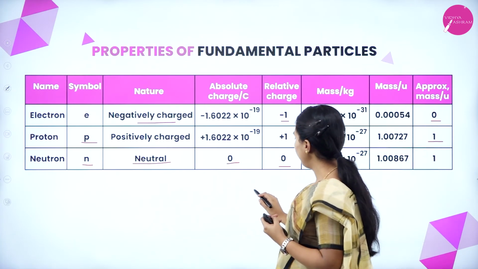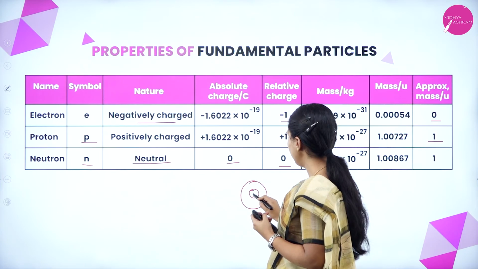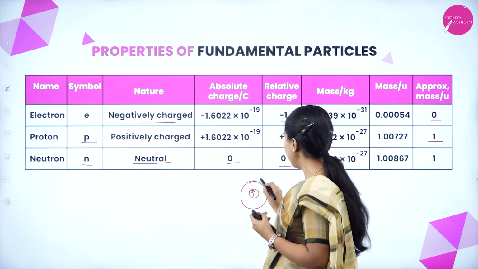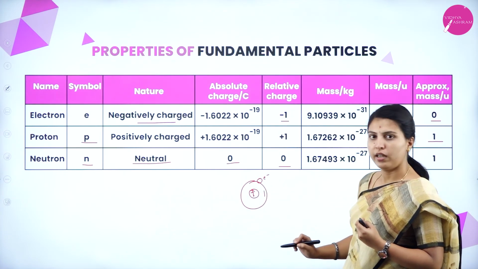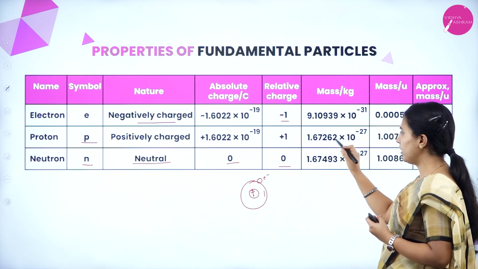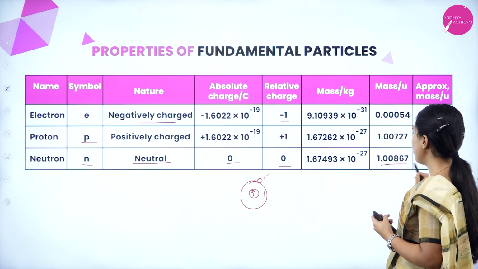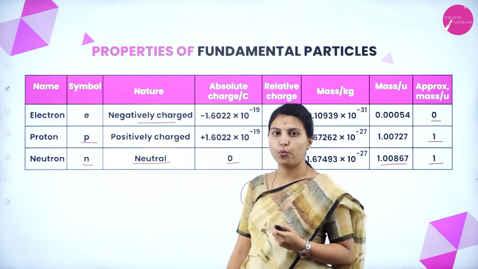See here, in the nucleus the positive and neutral parts are present, and the electrons are present outside. This is the mass the atom should account for, that's why they have shown it here. The mass is 1.00867, and the relative mass is approximately 1.